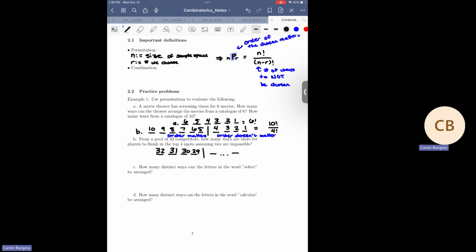How many different ways could someone come in 5th? 28, and then 6th would be 27, and then 26, and so on all the way down until we have 1 person who is pigeonholed into finishing last. But we're saying that 5th place to 32nd place are to be treated the same. It's effectively the same outcome.